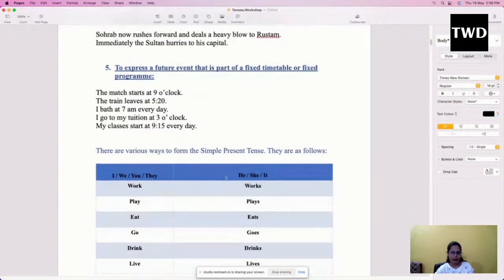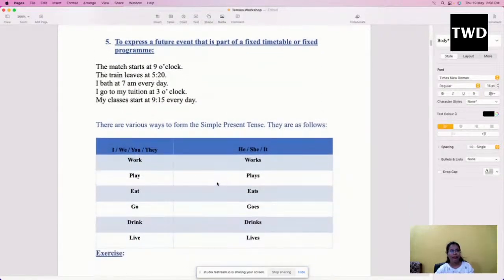Then, okay, if you have missed yesterday's class, this is just a small gist of it. Whenever we have the pronouns I, we, you, they, we use plural verbs. Plural verb means the verb, that is the action word, comes without s.